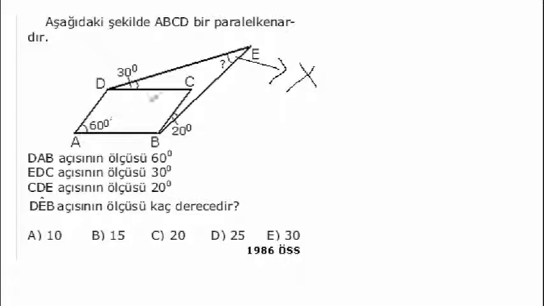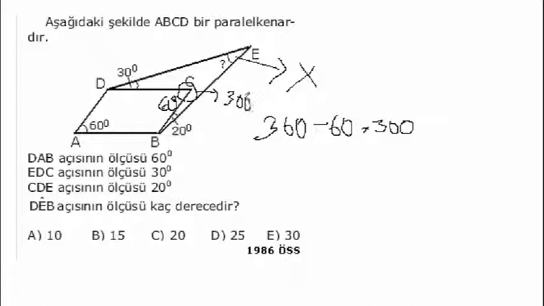So we know that this angle and this angle are equal from the properties of a parallelogram, and this is all 360. So 360 minus 60 equals 300. So this is 300 here.